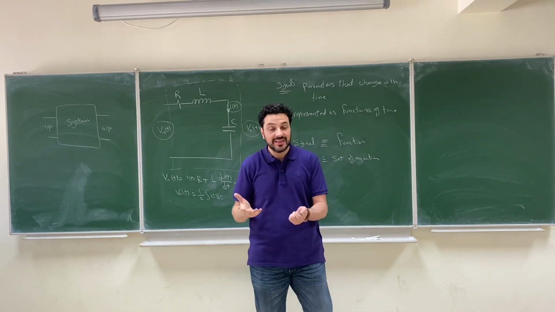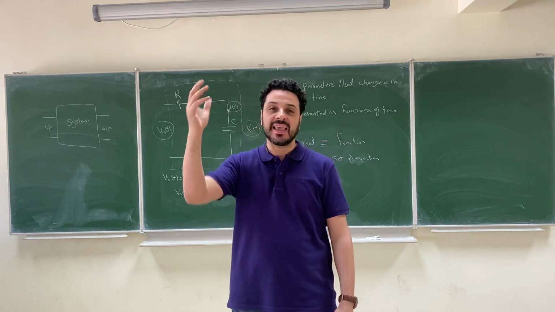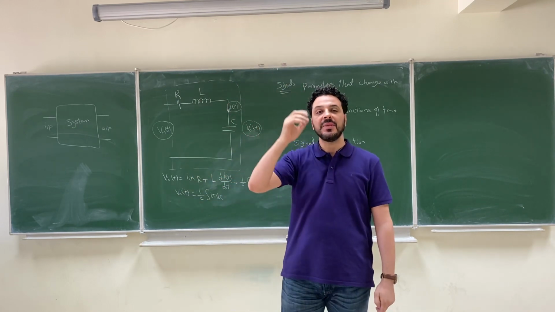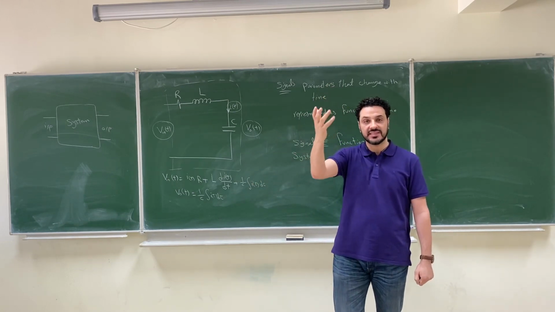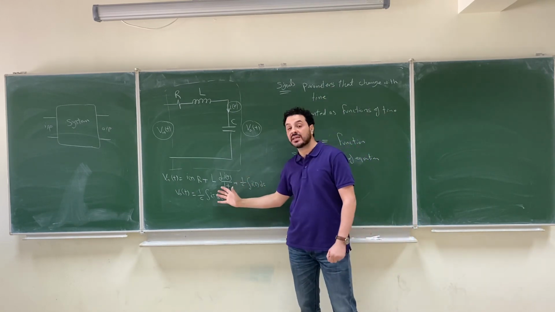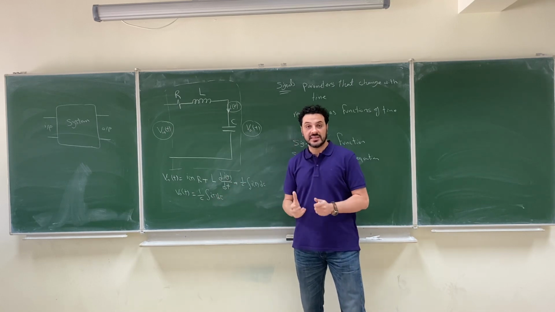When they model, the word model itself doesn't mean it's an exact model. It means that it's an approximation of the real physical system. So the mathematical model is an approximation for the real physical system.